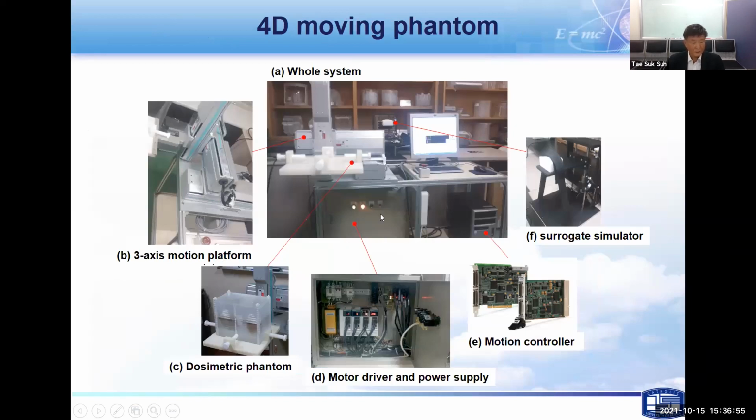And recently we developed a 4D moving phantom to simulate internal tumor motion.